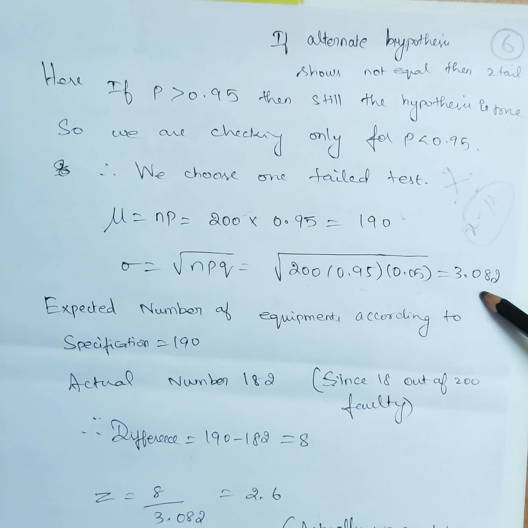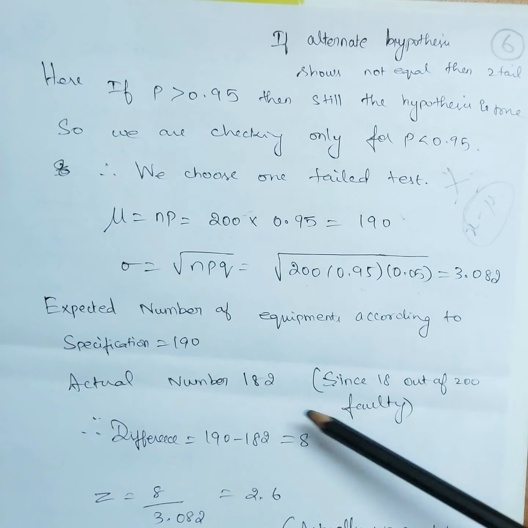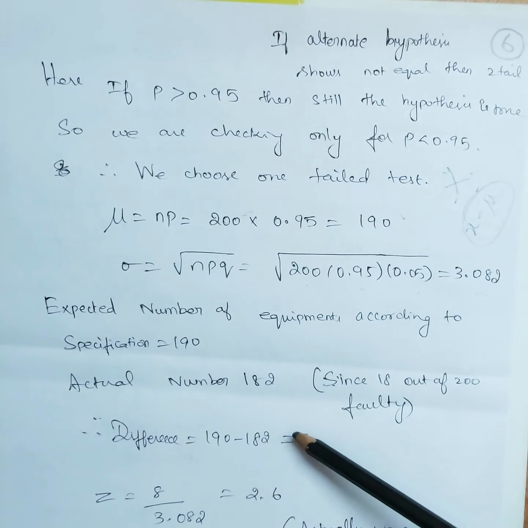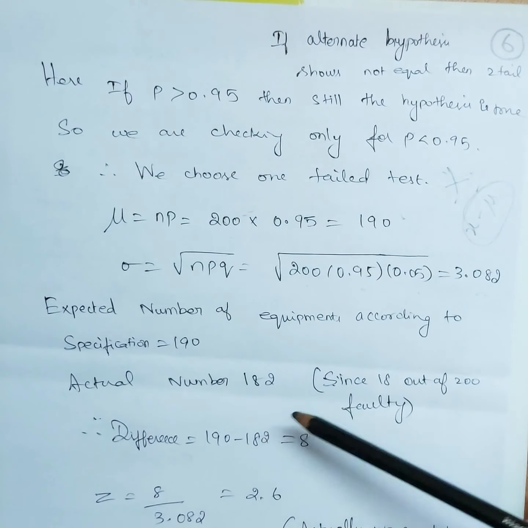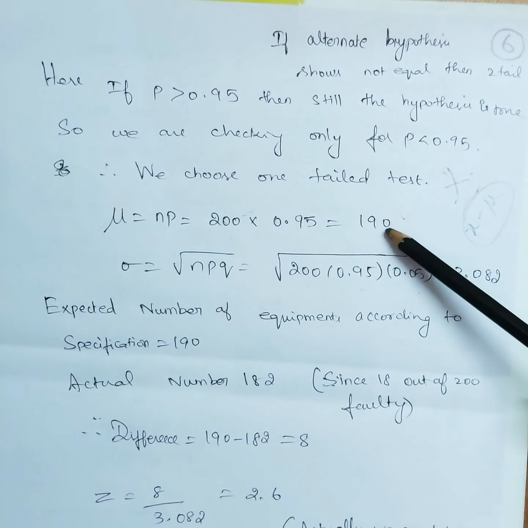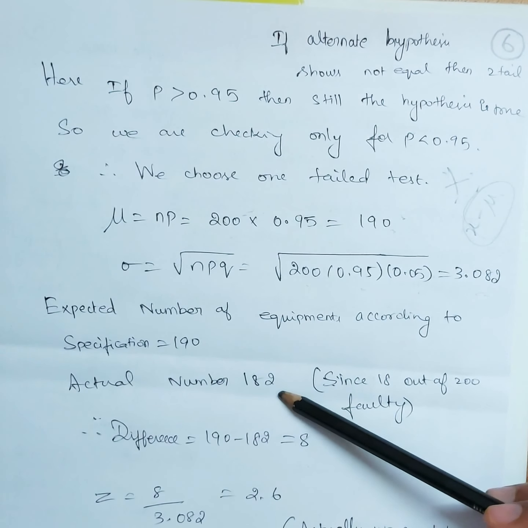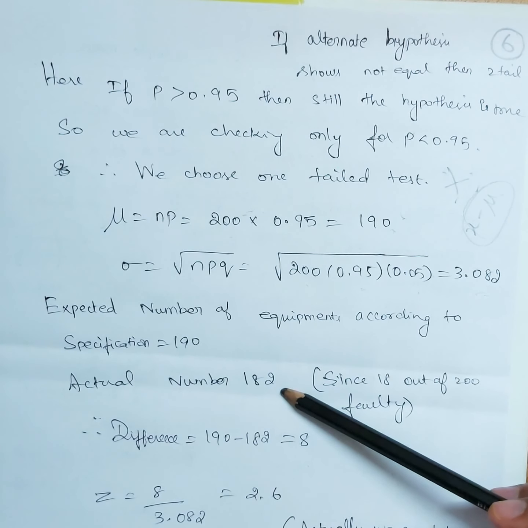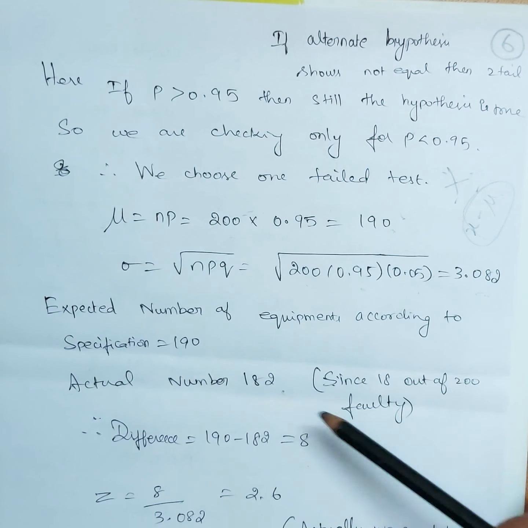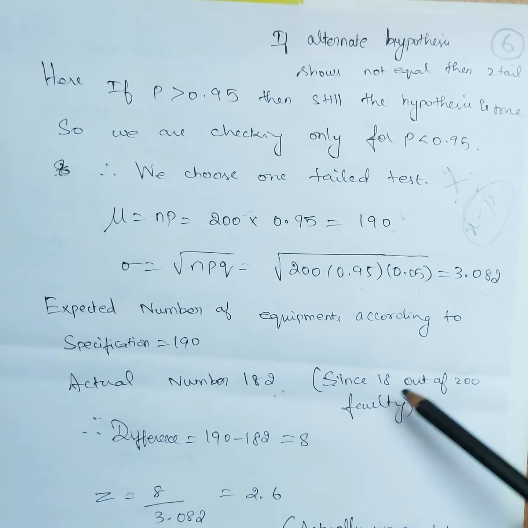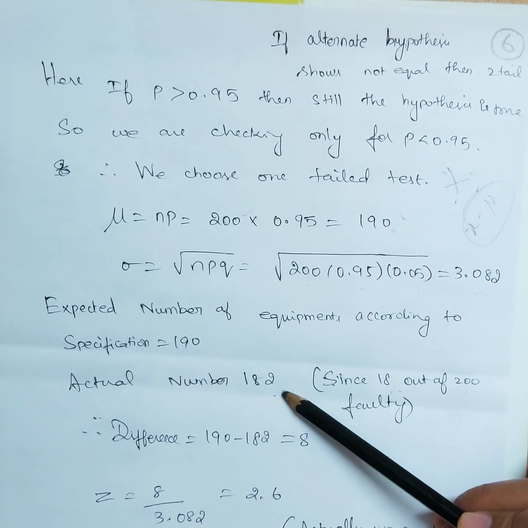Once we got this sigma value of 3.082, we have to fix the difference. That is what we write in the numerator. This mu is 190 and the actual number of equipment that is correct up to the specifications is 182. How? Because 18 are faulty out of 200, so 200 minus 18 gives 182.